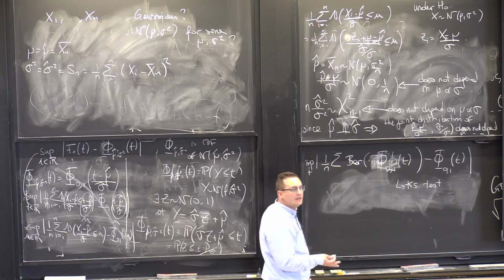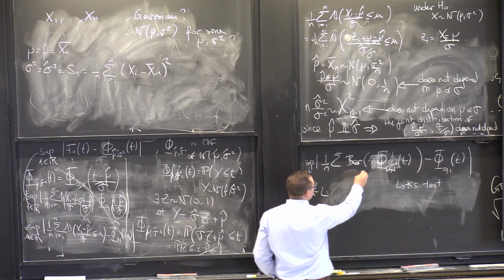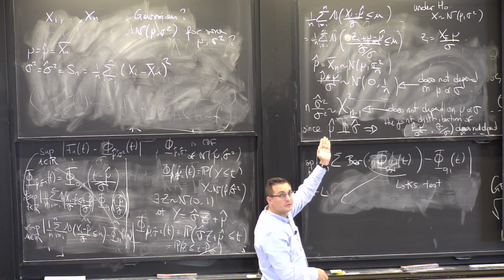What happens in the Kolmogorov-Lilliefors test? Well, here, the only thing that's going to change is this guy, right? They're still Bernoullis. It's just that the parameters of the Bernoulli are weird.